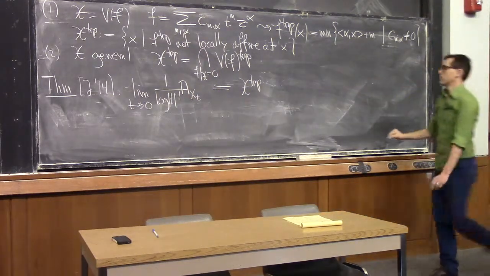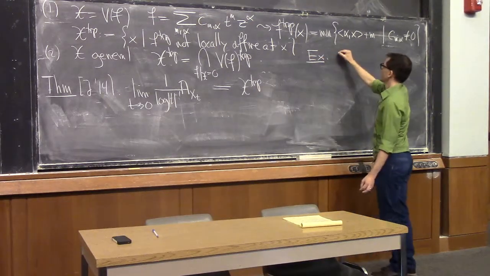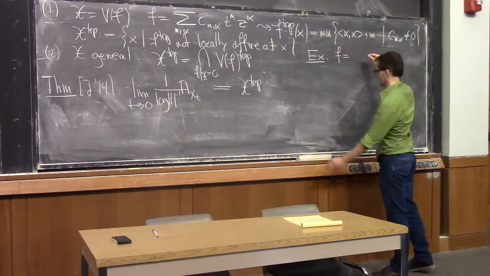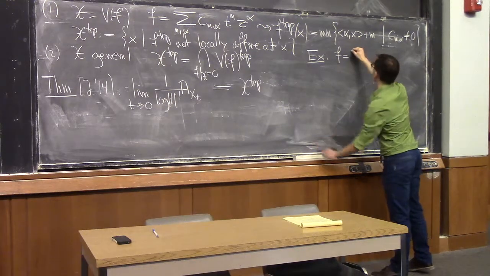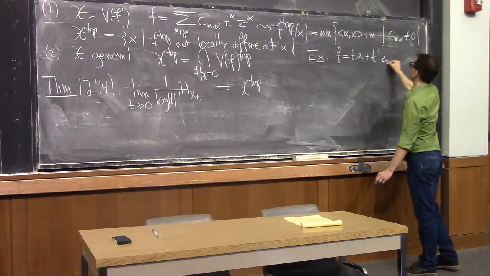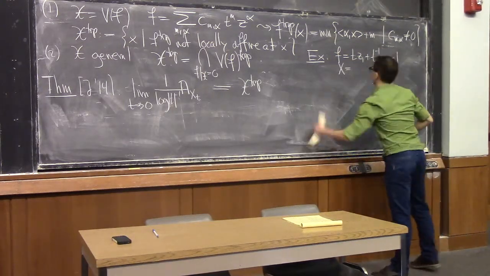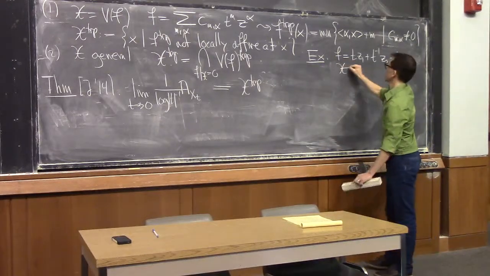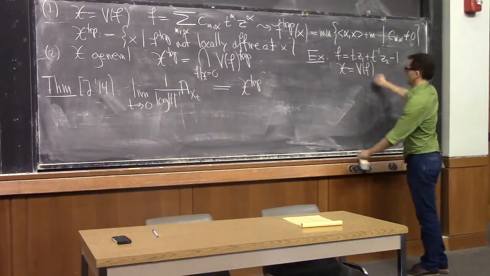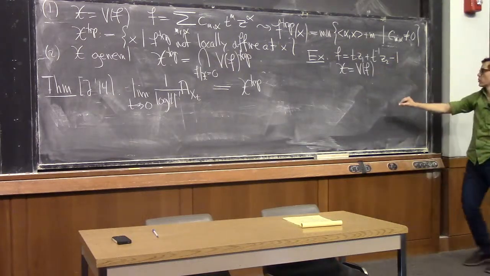So if I do an example, we would see that if I have f equal to t z1 plus t inverse z2 minus 1, something like this, and script X is V of f, then you see that the shape is the same for the tropicalization.